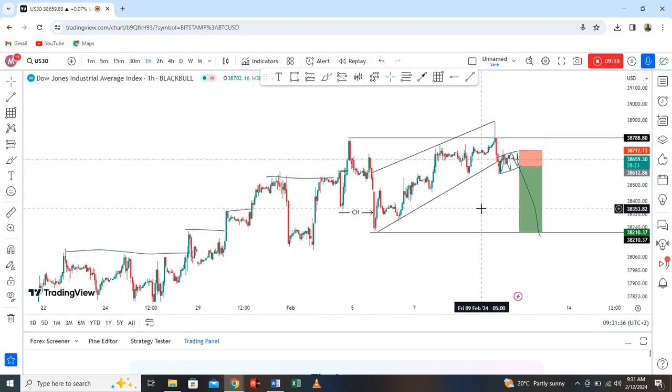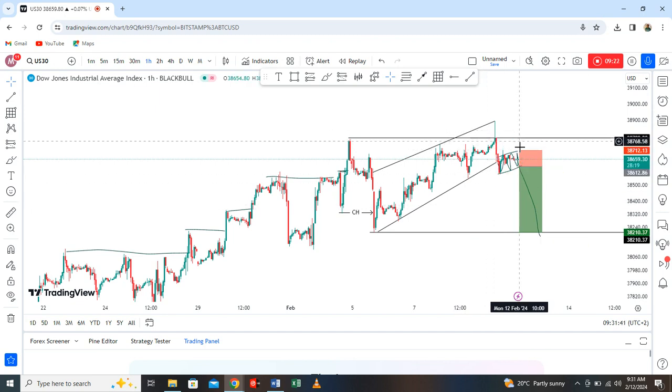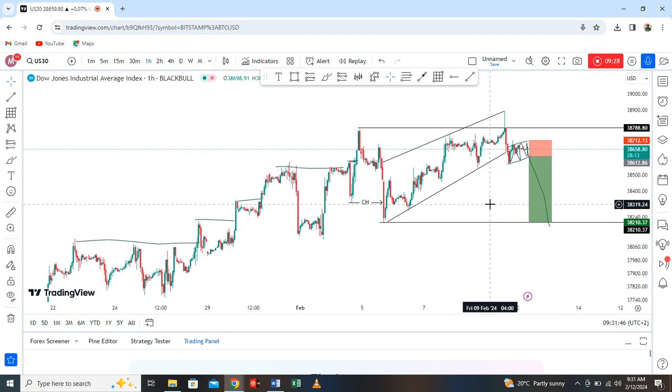This will confirm our right shoulder. If the price were to push a little bit to the upside, you would know that we're gonna take this as our right shoulder. But for now, as things stand, guys, the price hasn't created our right shoulder, or our right shoulder is not yet clear, guys. So we just need to wait for the price to give us an indication that we are ready to push to the downwards.